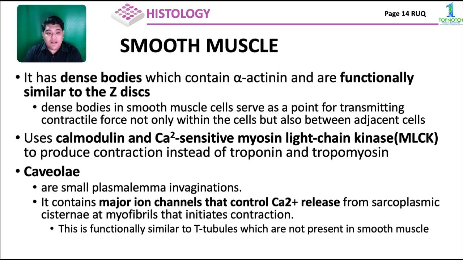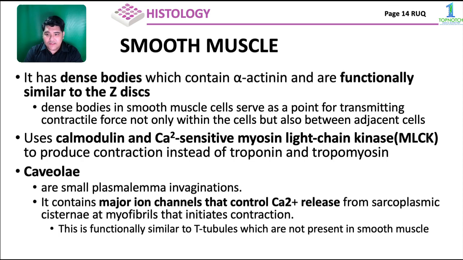These are plasmalemmal invaginations. Di ba, sa skeletal muscle, you have your T-tubules. Here, you have your caveolae. It contains your major ion channels that control your calcium release from your sarcoplasmic cisterna at myofibrils that initiate the contraction. So your caveolae is functionally similar to your T-tubules, which are not present in the smooth muscle.